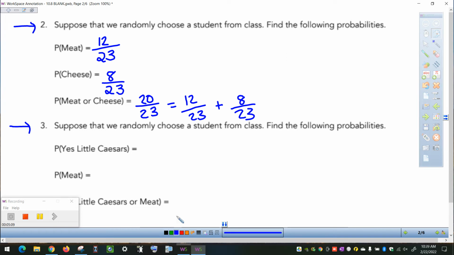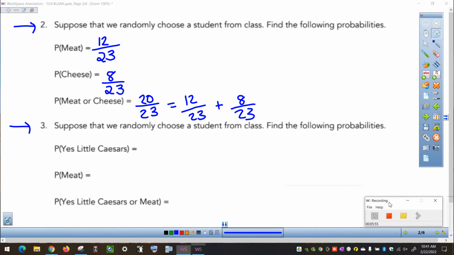All right, well, let's take a look here at what's happening in question 3. So it says here, suppose that we randomly chose a student from class. The next question here, so what was the probability that that student said, yes, Little Caesars? Mark, what did you get for that next answer?